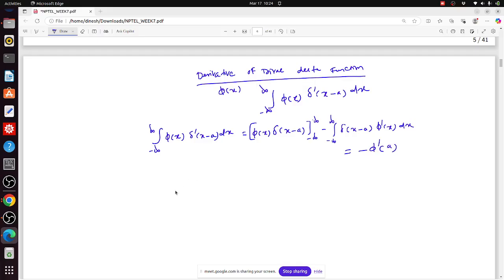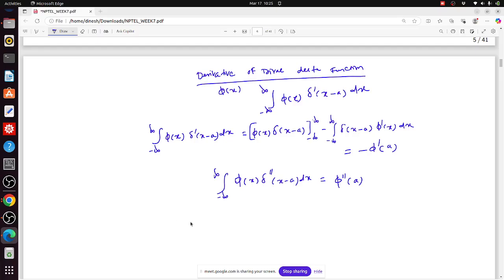Integrating by parts two times, the integral from minus infinity to infinity of phi of x delta double prime of x minus a dx gives phi double prime at a.